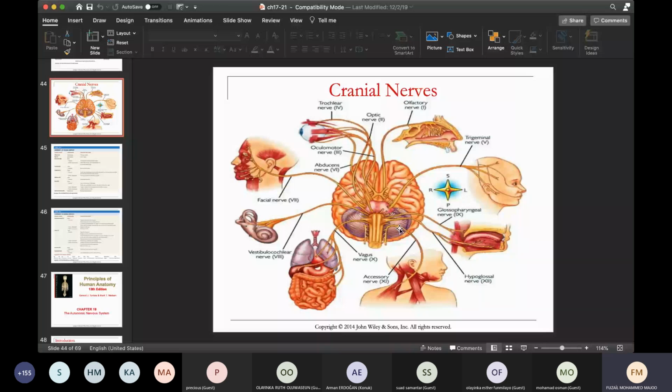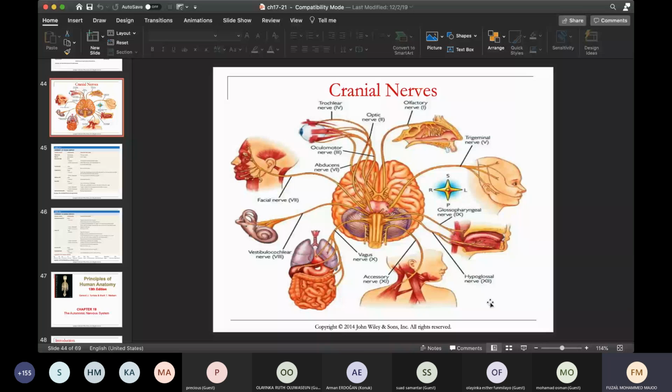There it is, glossopharyngeal nerve. Okay, so again, it goes under the tongue and your throat, glossopharyngeal. And then hypoglossal is going to be under the tongue, hypoglossal. Okay, hypoglossal nerve, glossopharyngeal nerve.